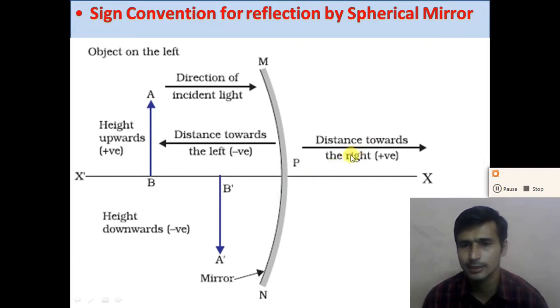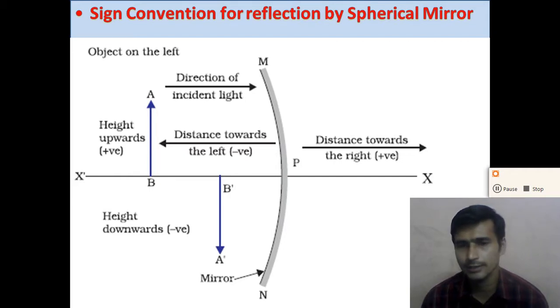Distances in the direction of the incident ray are taken as positive. जिस डायरेक्शन में इंसिडेंट लाइट रे इंसिडेंट हो रही है उस डायरेक्शन का डिस्टेंस हम पॉजिटिव लेंगे, और उसकी ऑपोजिट डायरेक्शन का डिस्टेंस नेगेटिव लेंगे, राइट?